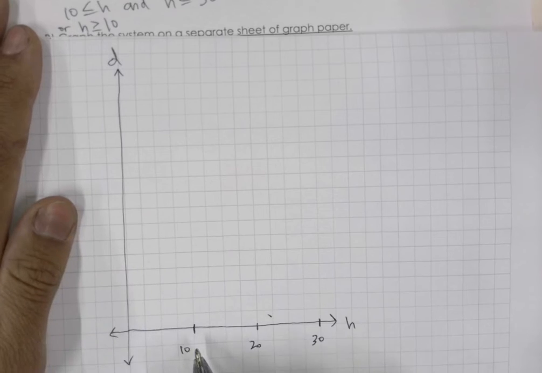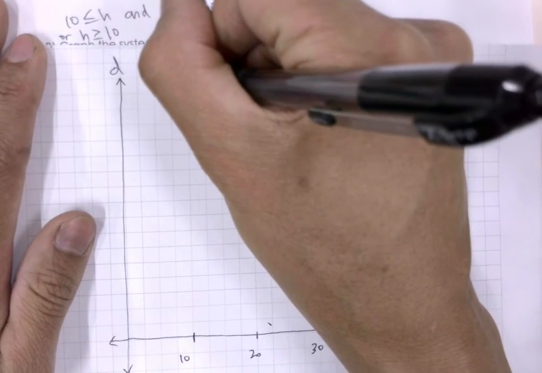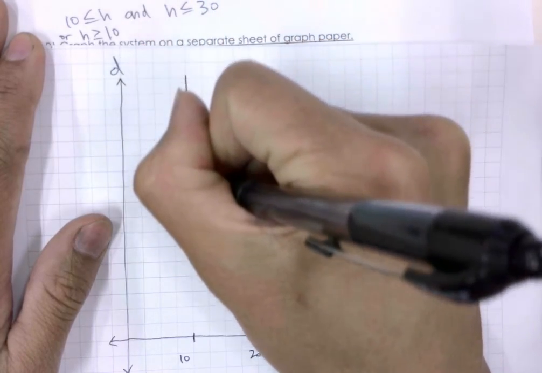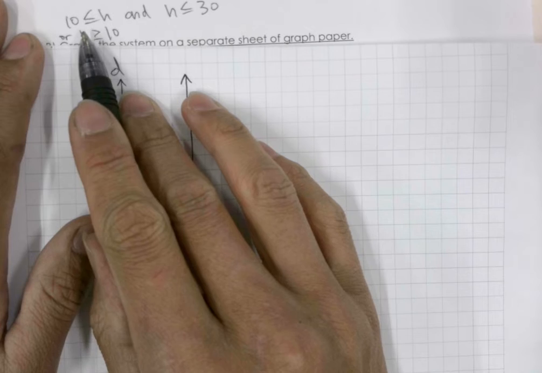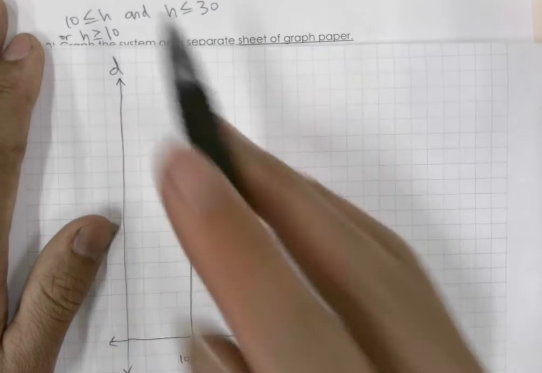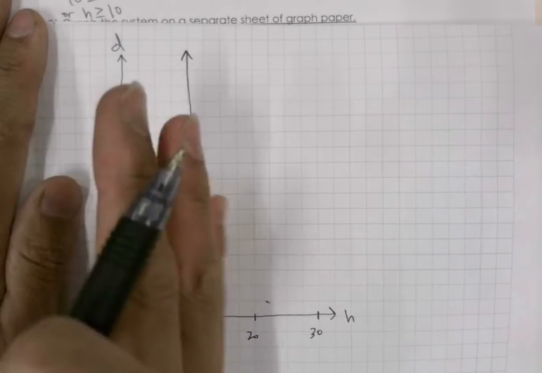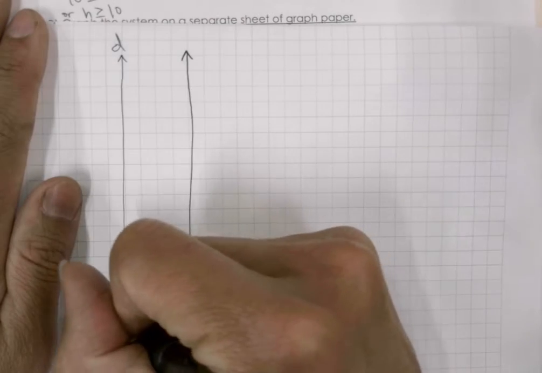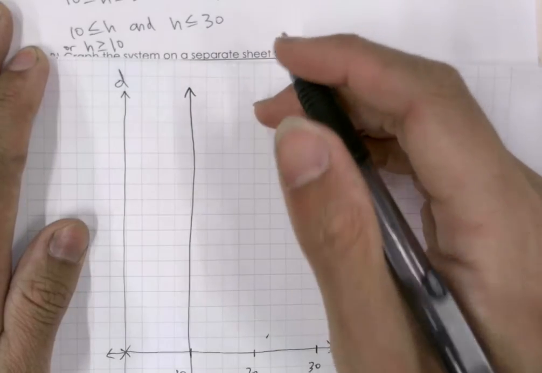All right. So H is equal to 10, and what are we going to do? We're going to draw a vertical line on it, and it is going to be a solid line because our inequality is greater than or equal to 10. And so now the question is what side do we shade, the left side or the right side? We'll use 0, 0 as our test point.